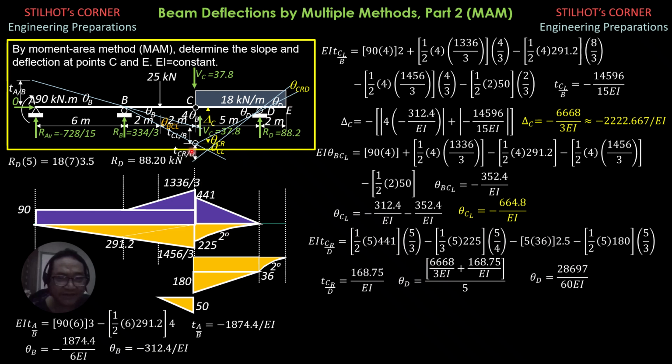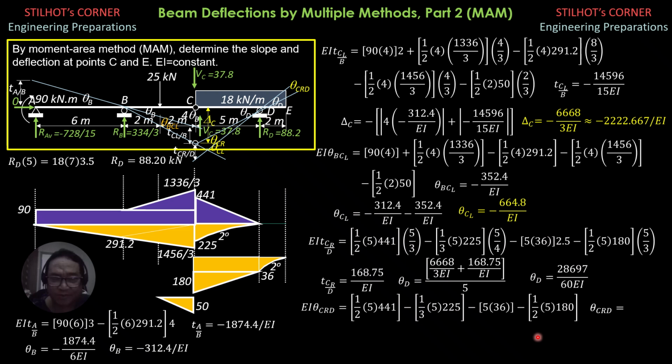So since C right to the tangent at D is counterclockwise, this is the tangent at C right, lower. Then this is the tangent at D. So from the tangent at C right, it's to the left, to D, it is counterclockwise. So we expect that's positive. So EI theta C right D is, again, we just copy this and remove the moment arms.